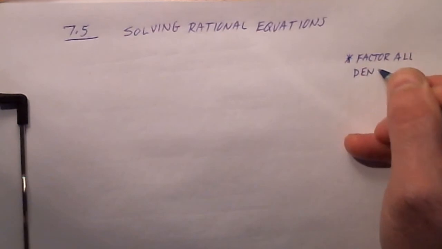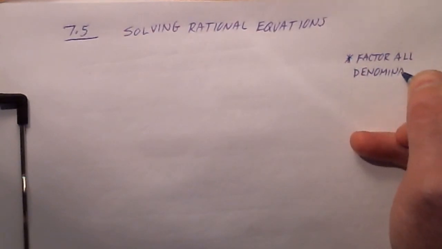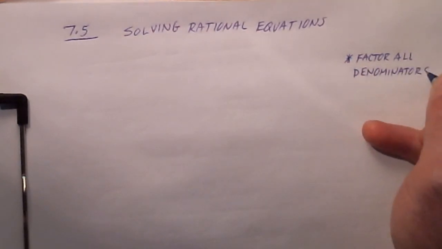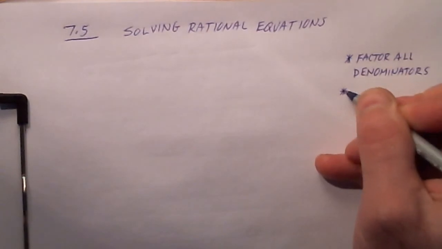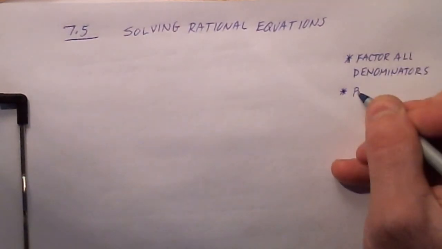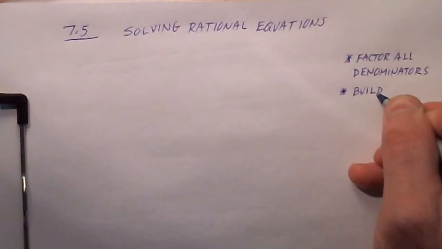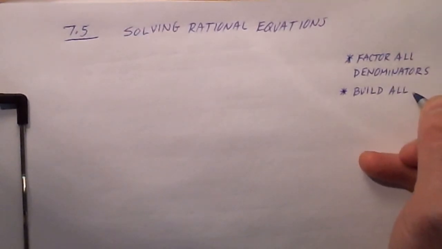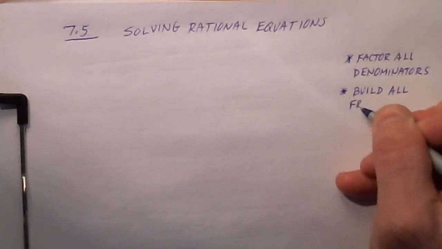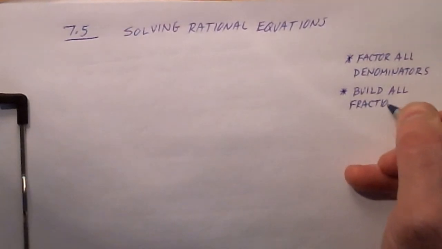Just when you thought your factoring skills were done. After you factor your denominators, you build all your fractions up into equivalent fractions, just like we did in the last section when adding or subtracting rational expressions.